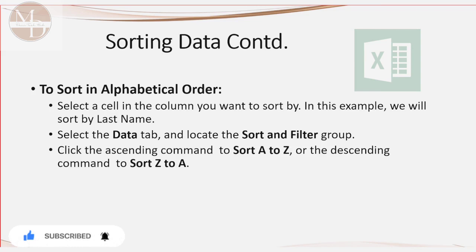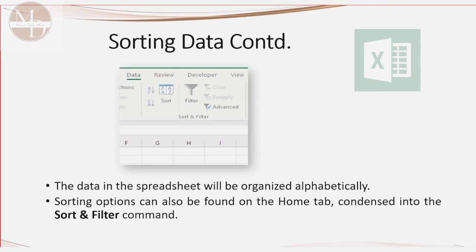We can sort by last name: select the data tab, and locate the sort and filter group. Click the ascending command to sort from A to Z, or the descending command from Z to A.